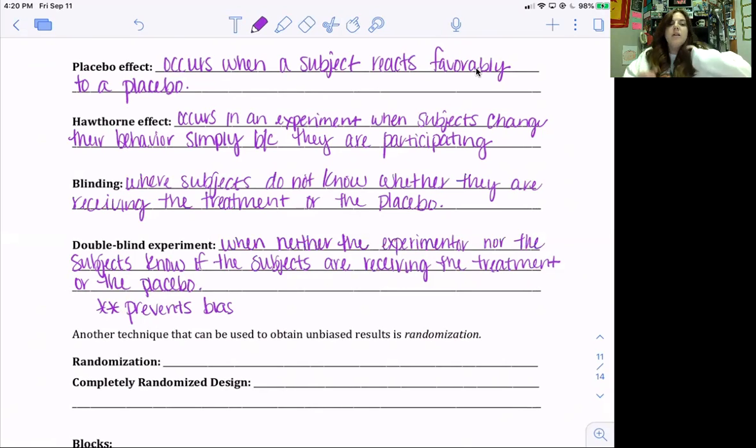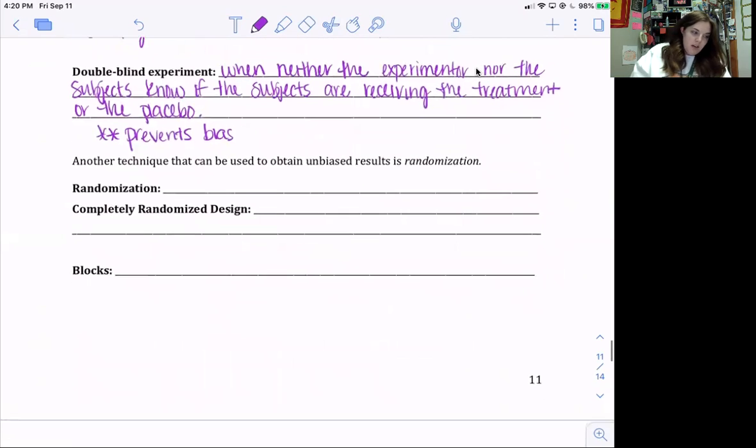Another technique that can be used to obtain unbiased results is randomization, and this is when we randomly assign subjects to different treatment groups.